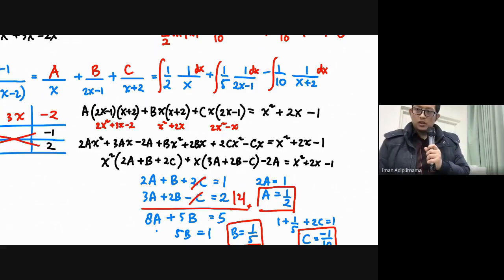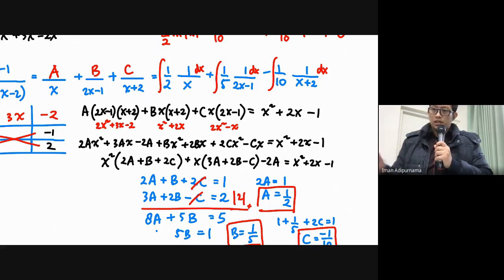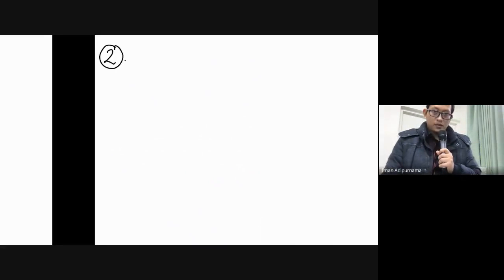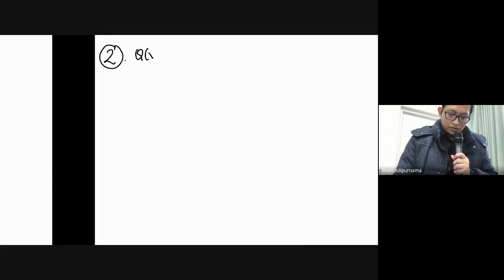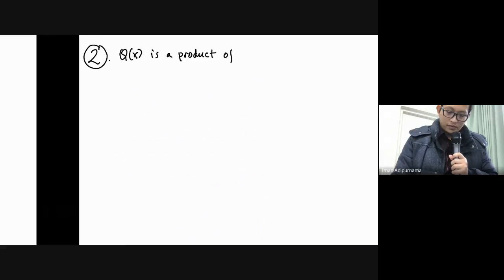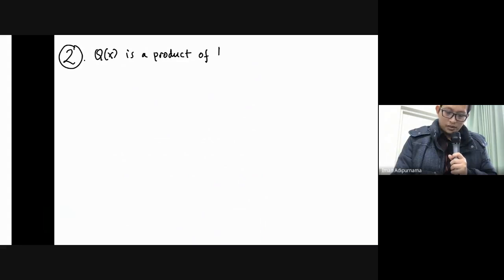Okay, this is case 1, in which the denominator has different factors. Now, case 2, let me move to the next slide. So Q(x) is a product of linear factors.